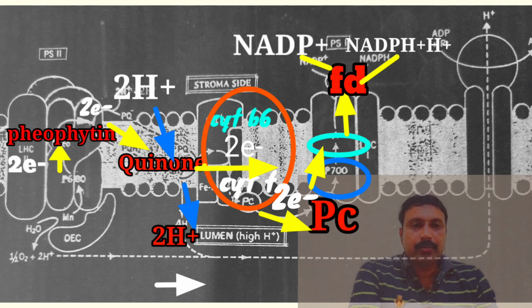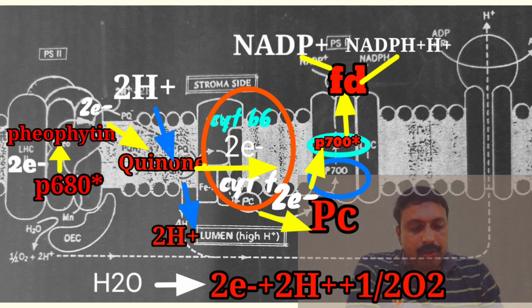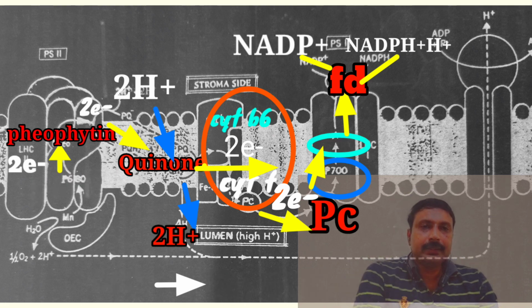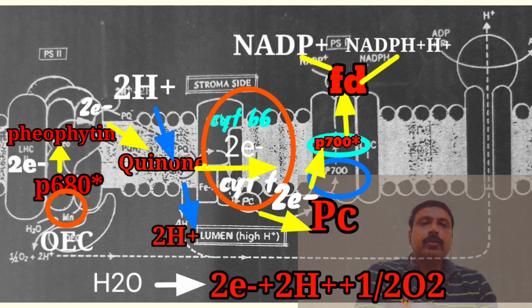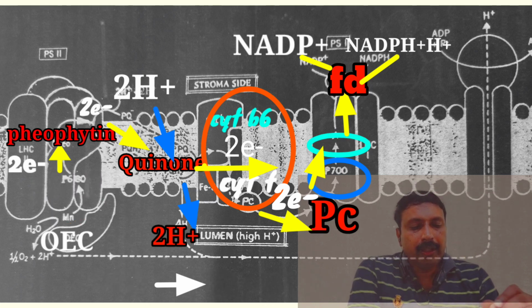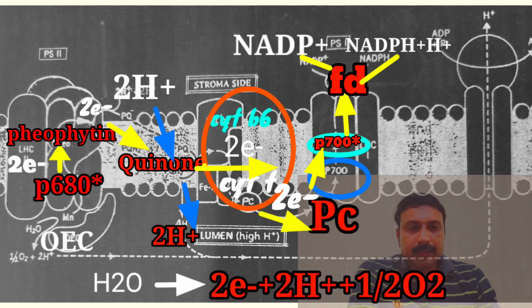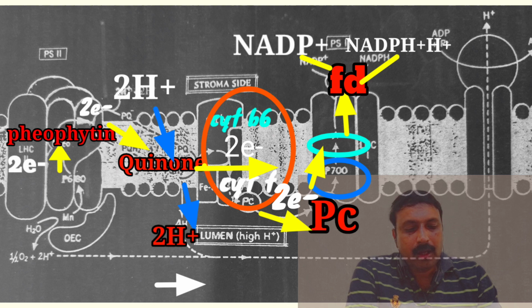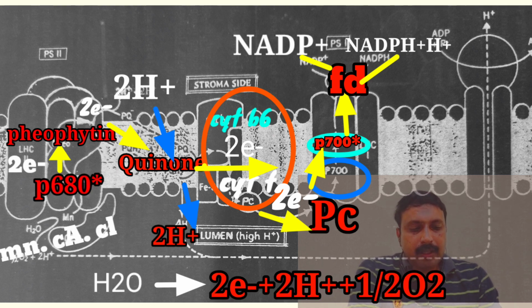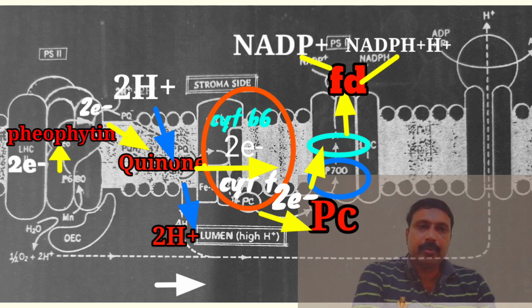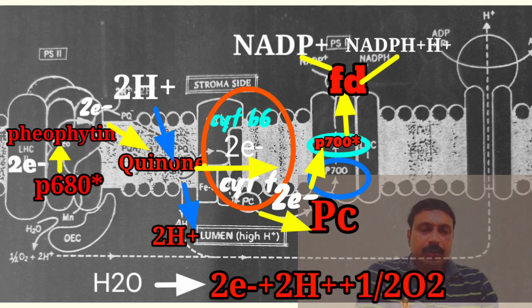Especially in photosystem 2, you observe the oxygen evolving complex. The oxygen evolving complex is always associated with photosystem 2. When there is a photosystem 2, definitely there is an oxygen evolving complex. In the oxygen evolving complex, manganese ions, calcium ions and chloride ions are present, which are involved in the photolysis of water.